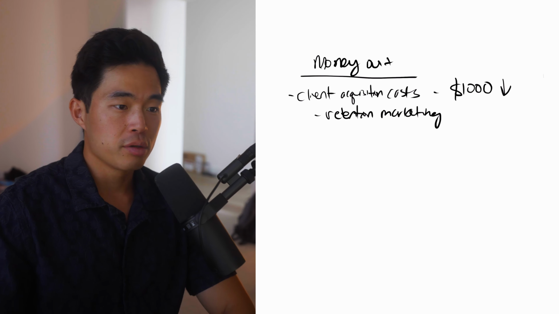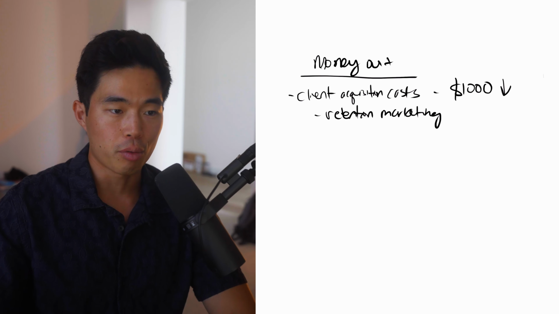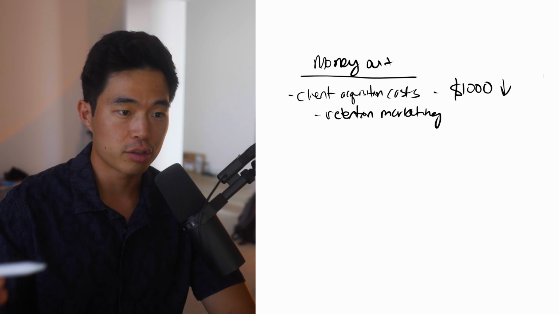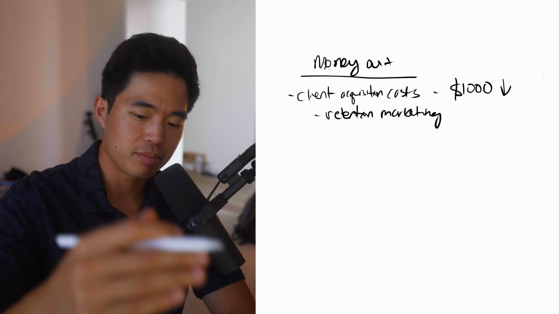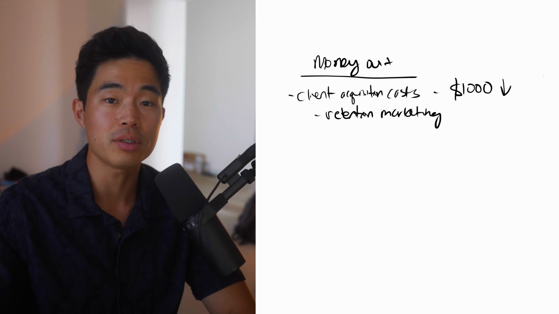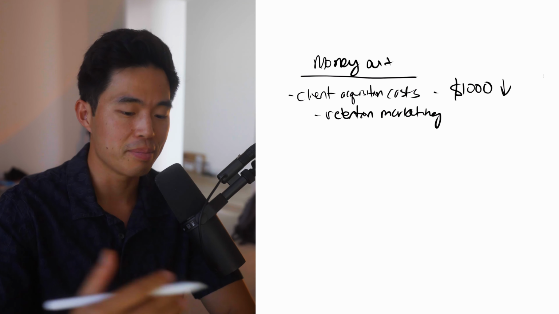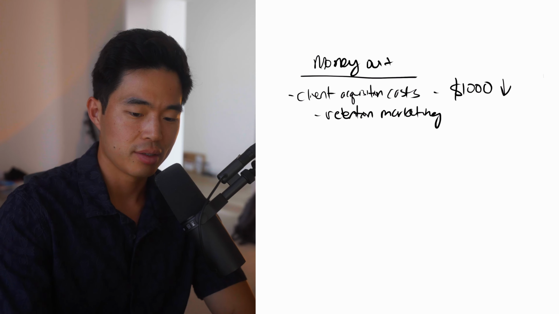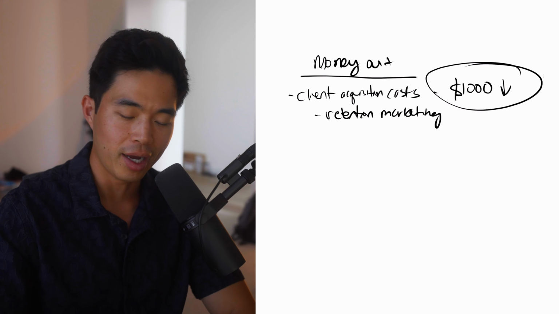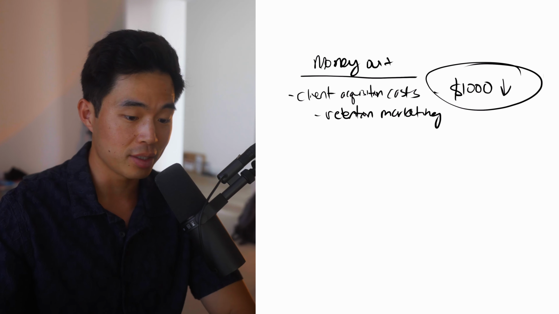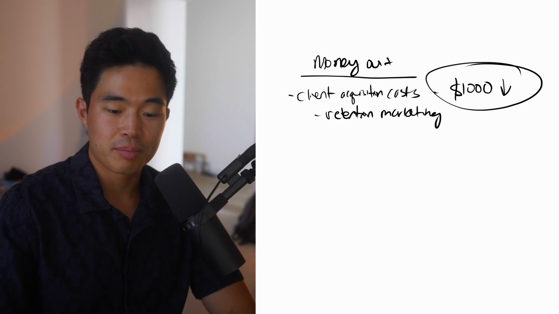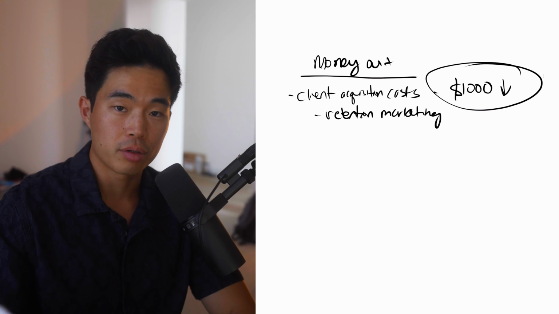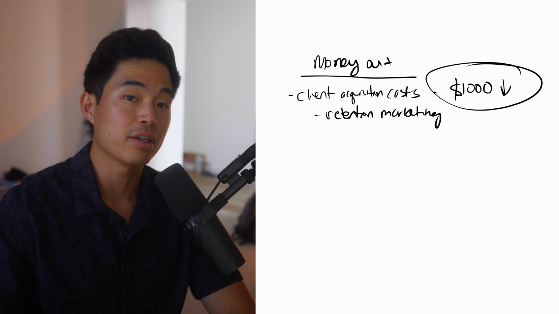Repeat buyers also spend 67% more per order in year 2 versus year 1. So if you can get returning customers, that's going to be absolutely massive for lowering this, right? And this can be quite high. I know for some companies, like service-based companies, client acquisition costs can be in the thousands of dollars per client, like $5,000, $10,000.